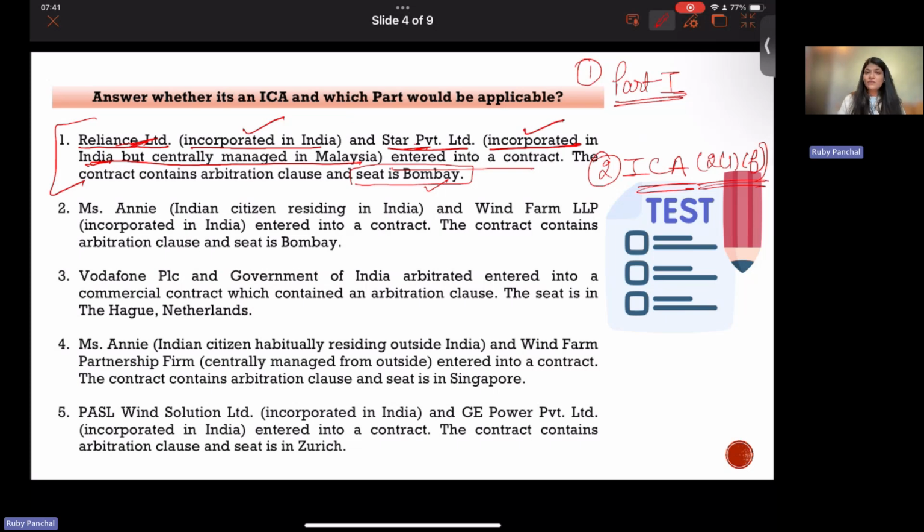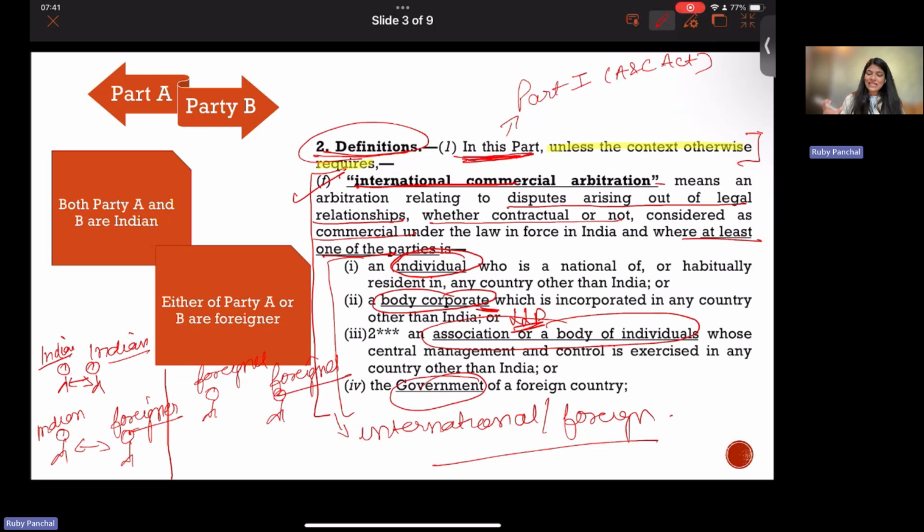And it seems from the definition that central management of the body corporate doesn't matter. So the only thing that would matter in cases of a body corporate is where their place of incorporation is. And if that is in India, that would make them Indian parties as per this definition, right? Because we're getting to that conclusion by negating what point number two here provides us, which is body corporate incorporated in any other country than India, right?